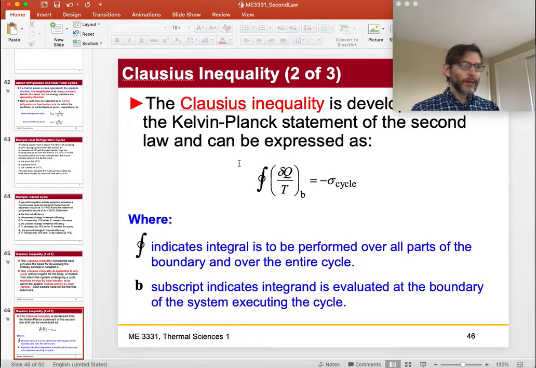So it's developed based on the Kelvin-Planck statement of the second law and can be expressed as, for a cycle, the change in heat over the temperature at which that heat is conducted through the boundary of the system.